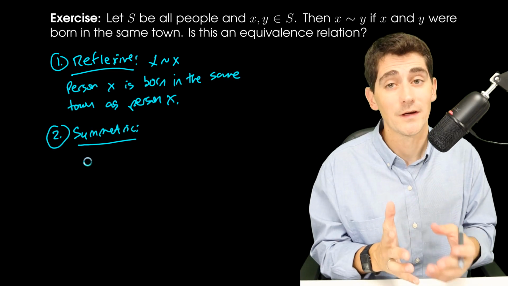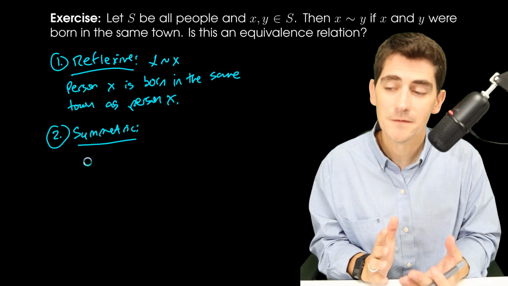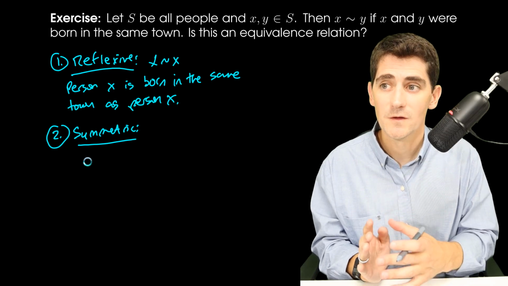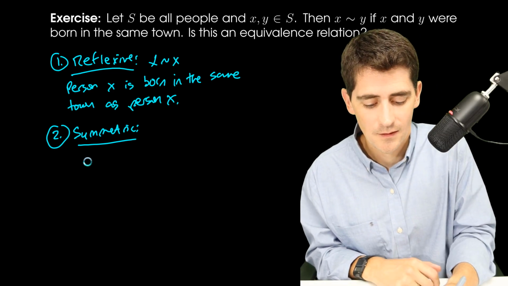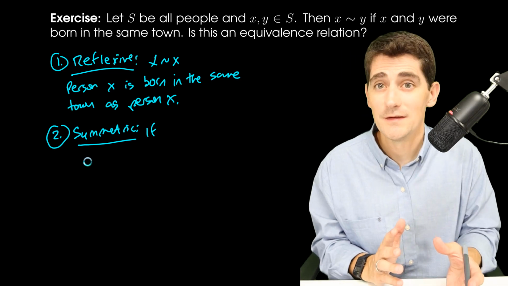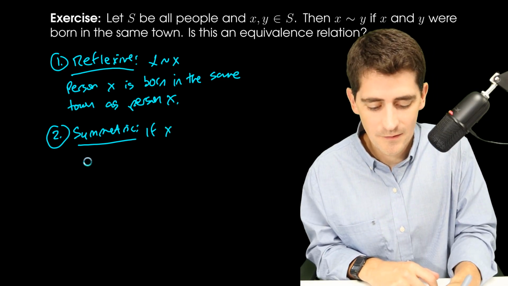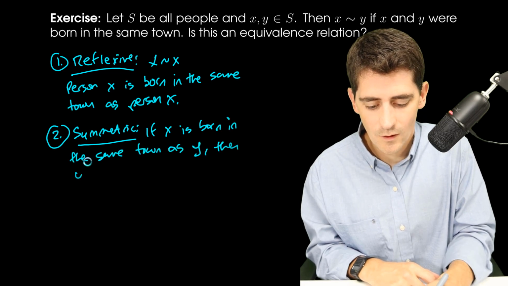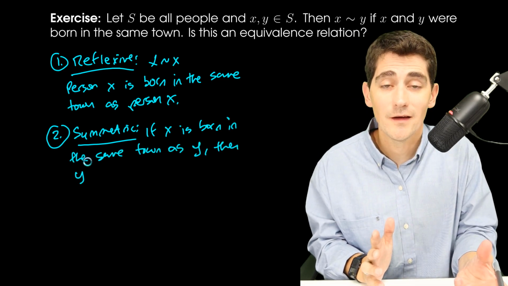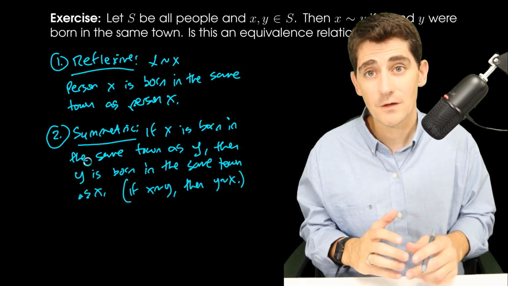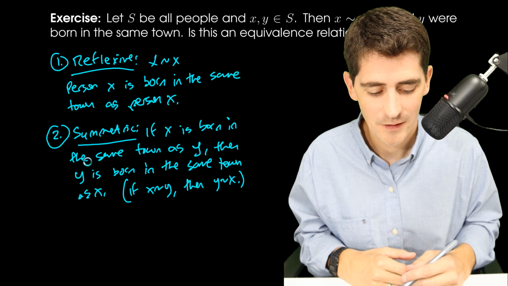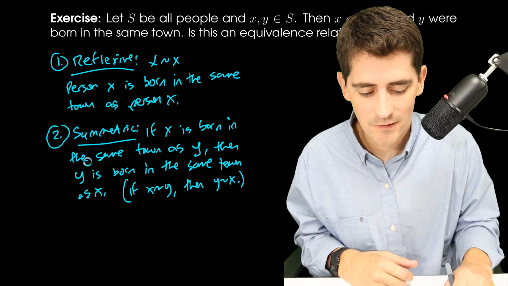Now how about symmetric? This time we need to show that if person X squiggles person Y, then person Y squiggles person X. I think that's pretty easy to show, because if X is born in the same town as person Y, then Y is born in the same town as X. So we just showed that if X squiggles Y, then Y squiggles X. Now the third thing we need to show is the transitive property.